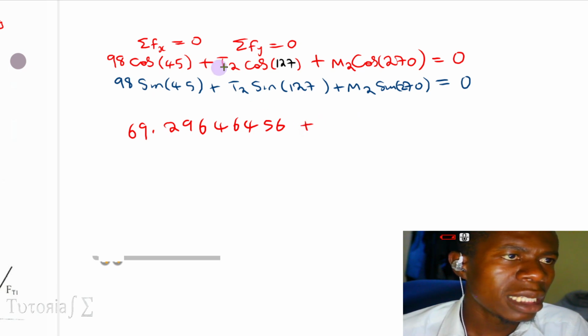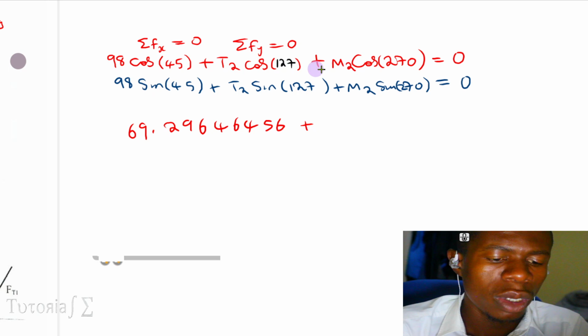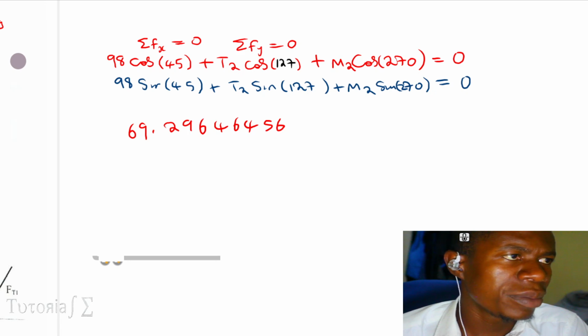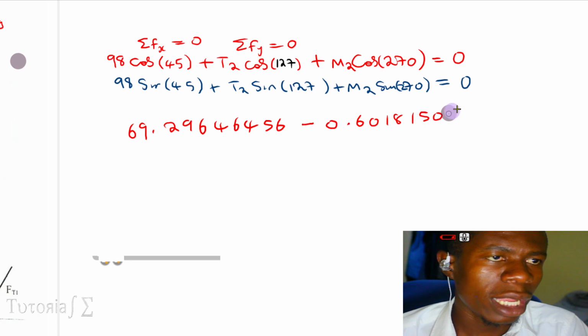Plus T2 cos 127, that will give me negative, so this will be negative 0.6018150 T2.